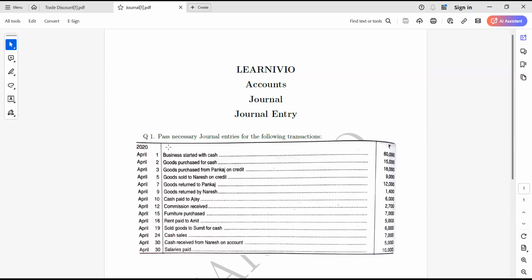If you have a laptop, mobile phone, bike, car, building, land, furniture, whatever thing or asset we have is a real account. Again, all the names are personal accounts. All the expenses and losses, and income and gains, are nominal accounts.